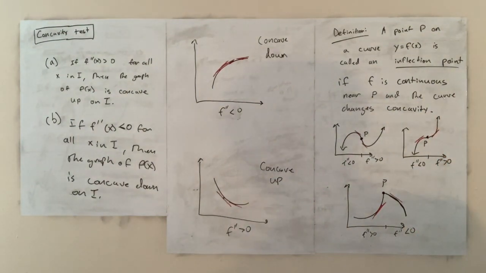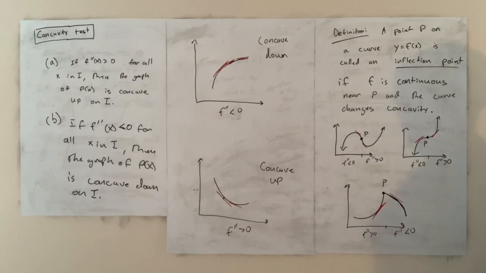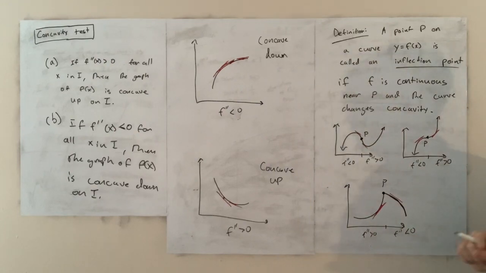So you can see it like that. So you can think of inflection points as kind of maximum and minimum values of your first derivative.